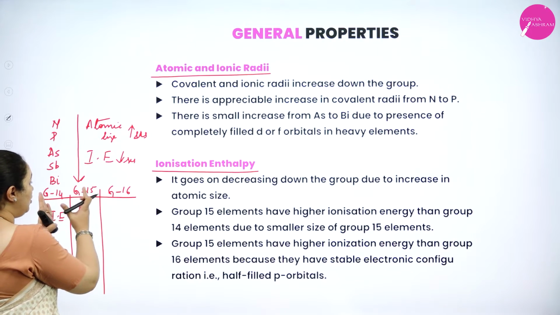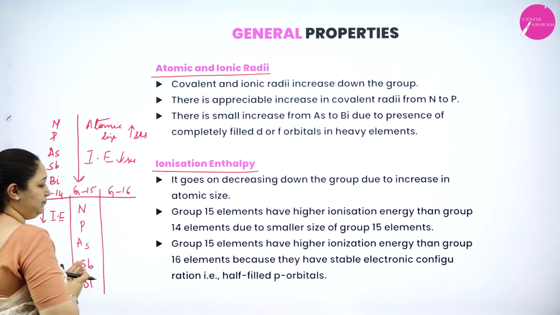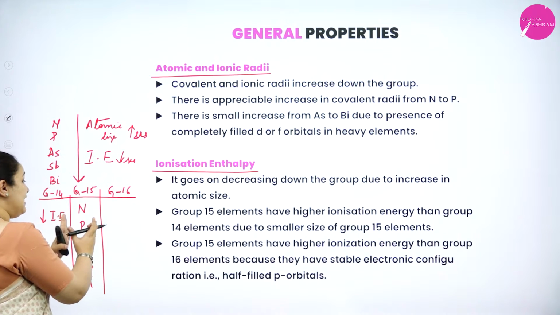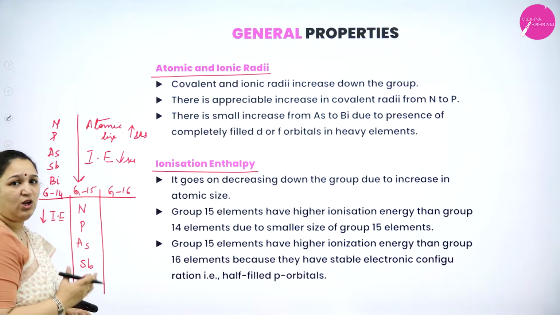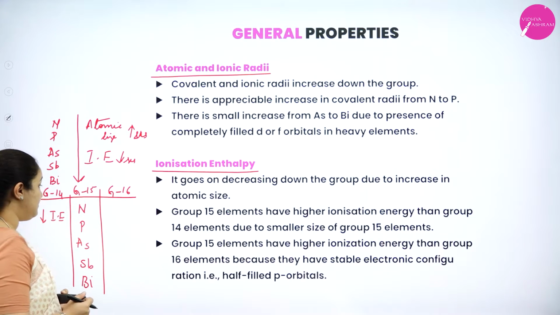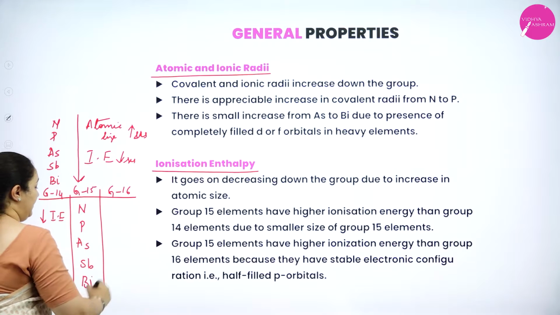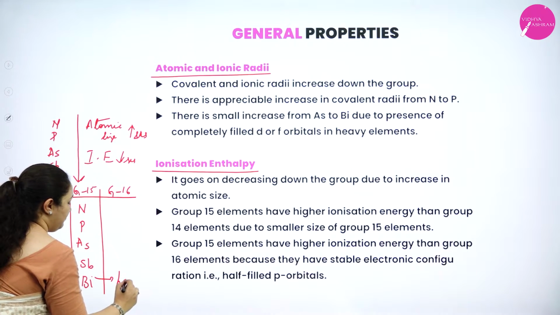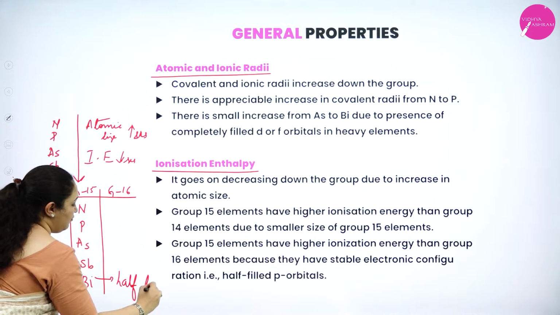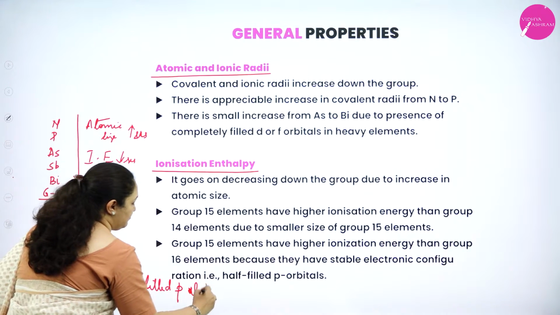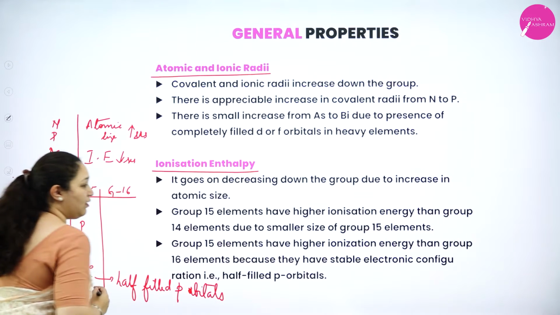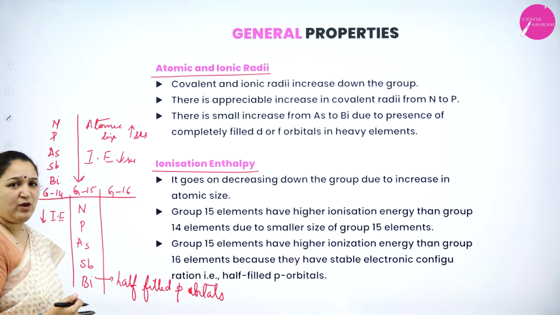Now if I compare group 15 and group 16, then group 15 has higher ionization enthalpy than that of group 16. Now how is that, ma'am? That is because in group 15 we have half filled p orbitals. Now how is it half filled p orbitals?